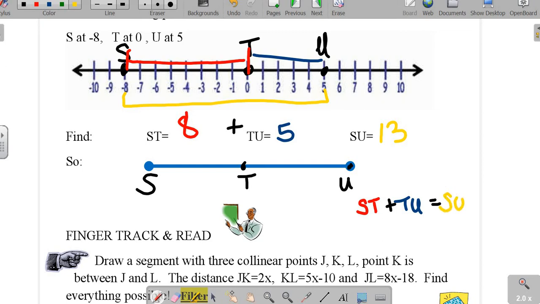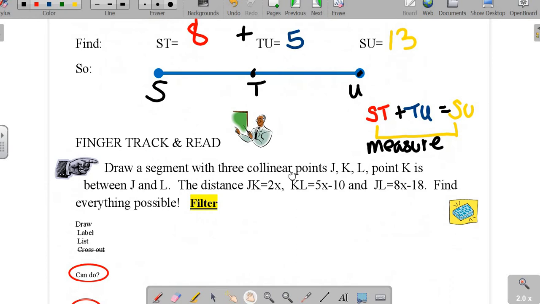And notice, this is how we write it. There are no segments above because this notation all is talking about measurements. So you use an equal sign. So that means the distance between S to T plus the distance of T to U equals S to U. That's called segment addition.